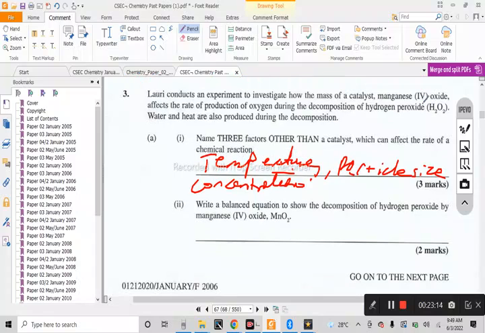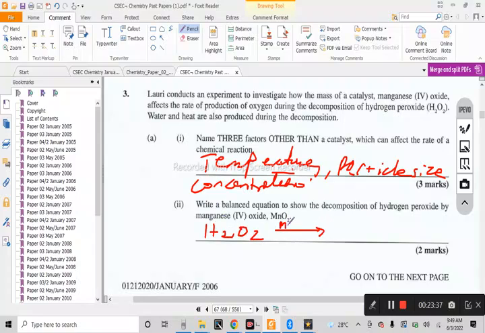Write a balanced equation to show the decomposition of hydrogen peroxide by manganese dioxide, MnO2. So this is the balanced chemical equation. I would have given it to you in the Redux. I really hope you guys watch, especially that last Redux video. So anyway, H2O2 decomposes in the presence of the catalyst.